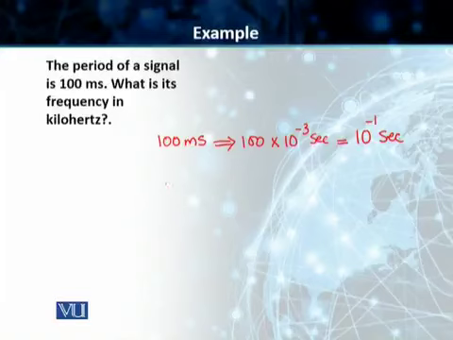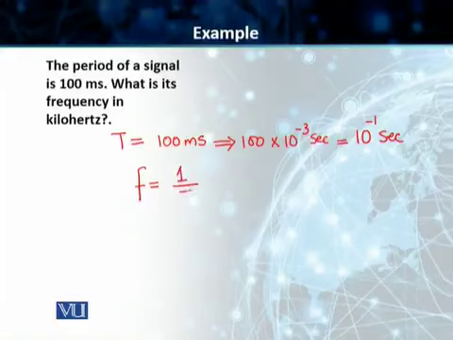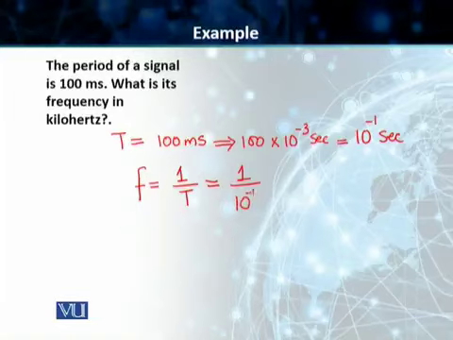Now students, after the conversion of this period, we can find the frequency as 1 divided by T, which is 1 divided by 10 raised to the power minus 1, and this is essentially equal to 10 Hertz. The requirement, however, is to calculate the frequency in kilohertz.